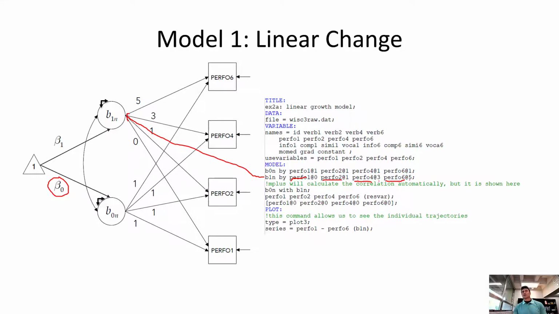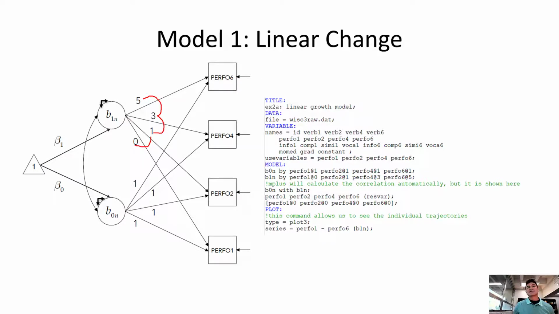So these numbers 0, 1, 3, and 5 are pretty important, because it shows that from first grade to second grade, there's a 1-year interval, a 1-year jump. From second grade till 4th grade, there's a 2-year jump. And then from 4th grade to 6th grade, there's another 2-year jump.